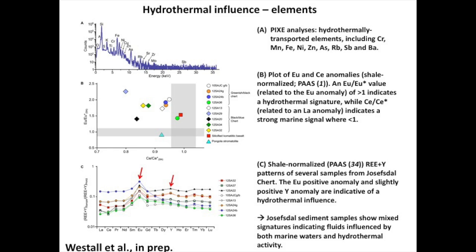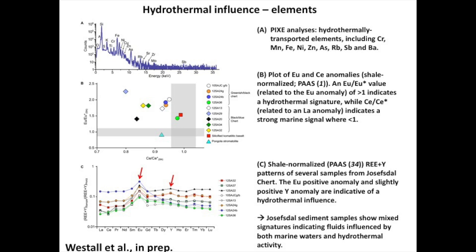And finally, I won't bore you too much about this. Other geochemical indications of the presence of hydrothermal fluids in the whole of the area. If we do bulk geochemical measurements of the rock, we take the rock, we grind it up, we analyze the elements that are in the rock.